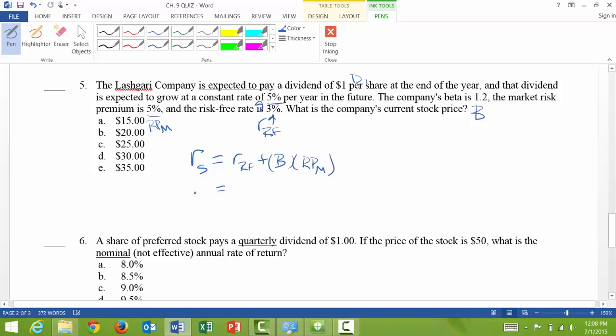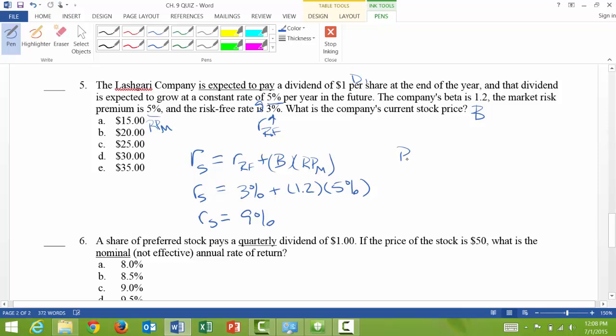And so we would have, well, RS is equal to the risk-free rate of 3% plus beta 1.2 times the market risk premium of 5%. And so we get the RS is equal to 9%.